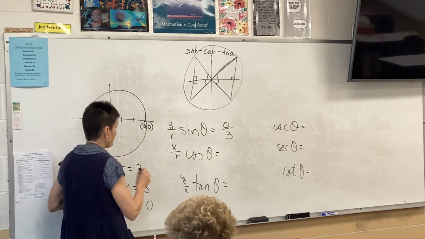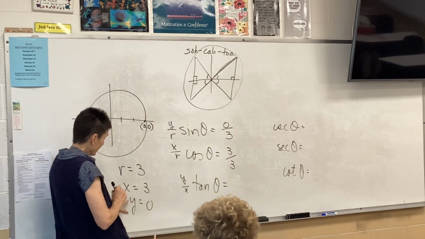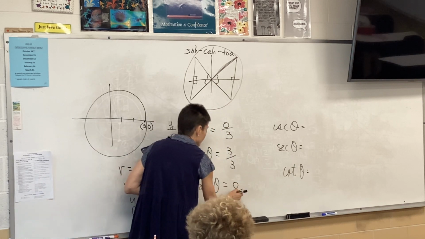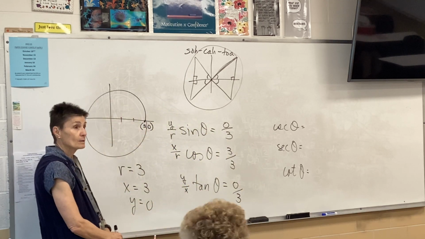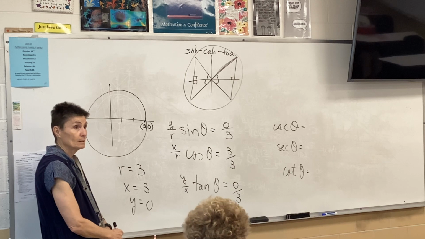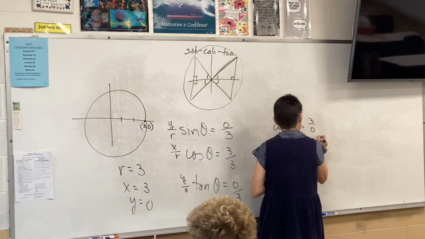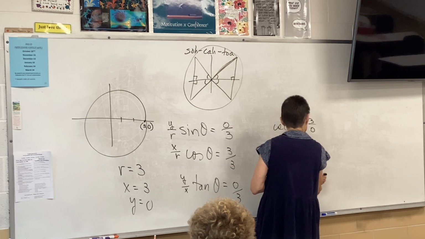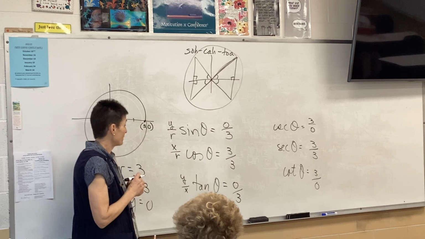X over r would be 3 over 3. And y over x is 0 over 3. So far, so good? Now we'll flip them. So 3 over 0, 3 over 3, 3 over 0. And then we'll clean up pretty much everything.